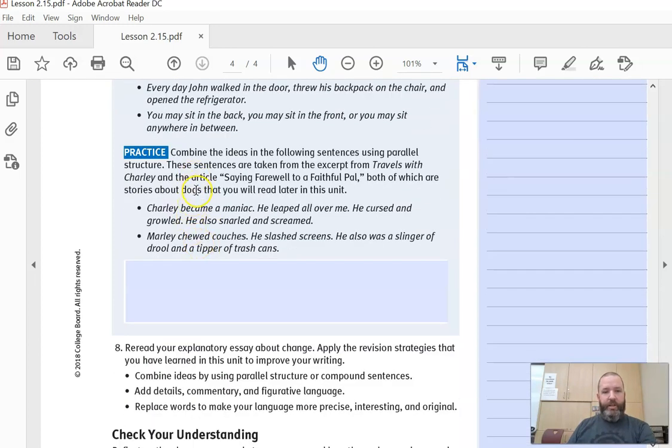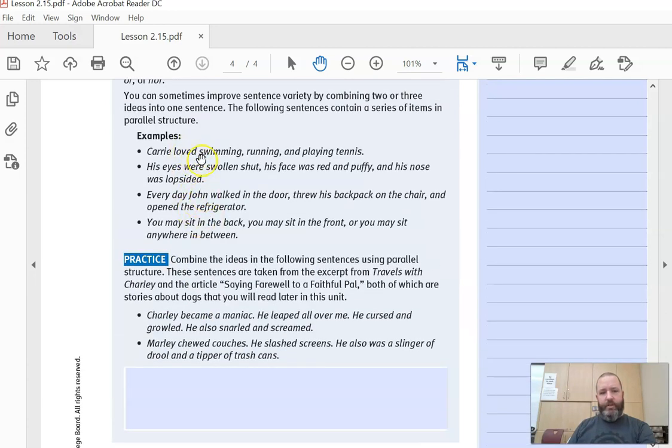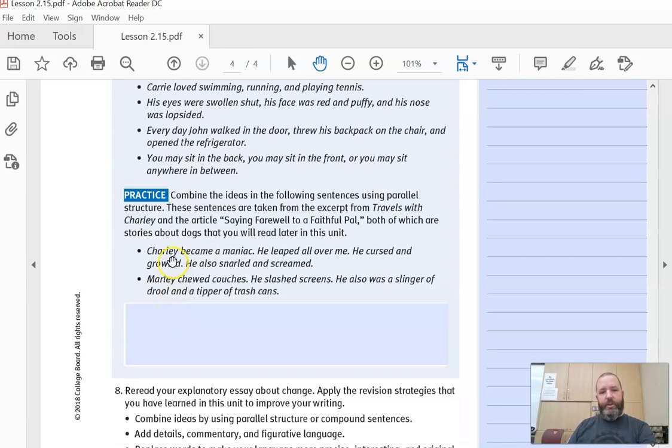Okay, so it says, combine the ideas in the following sentences using parallel structure. These sentences are taken from excerpts of Travels with Charlie and the article Saying Farewell to a Faithful Pal, both of which are stories about dogs that you will read later in this unit. Each group you're going to change into one sentence.